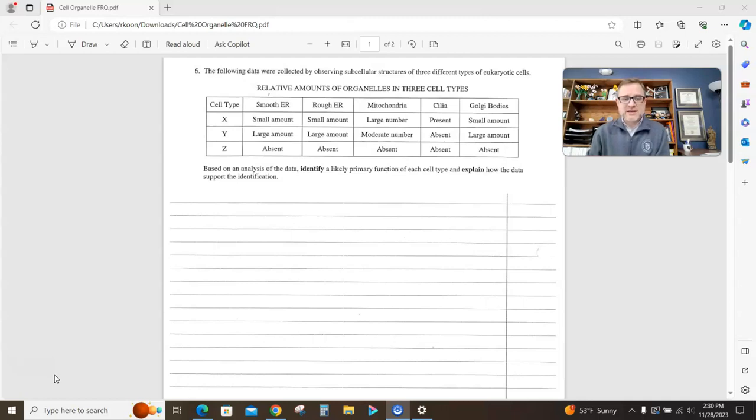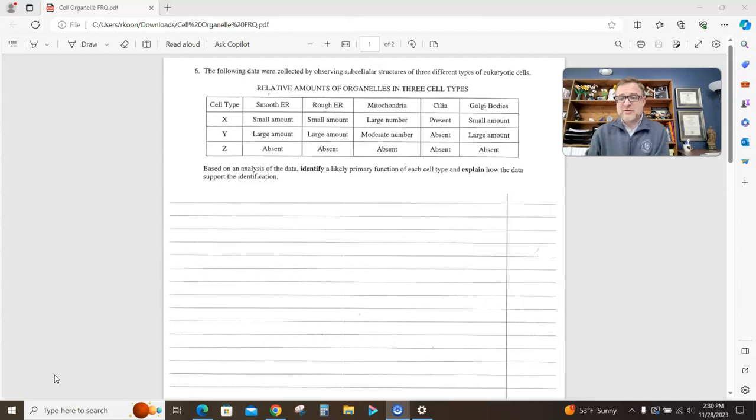So for cell Y, I see lots of smooth ER, lots of rough ER, some mitochondria, no cilia, and lots of Golgi bodies. So the 2 types of ER, so smooth ER, there's 2 main functions that come to mind. One is the synthesis of lipids, which is one thing smooth ER does, and the other one is detoxification of drugs.